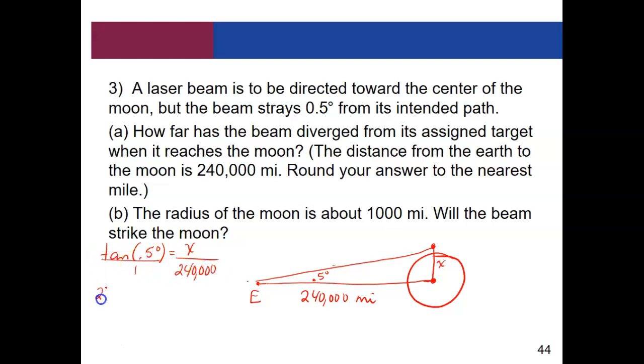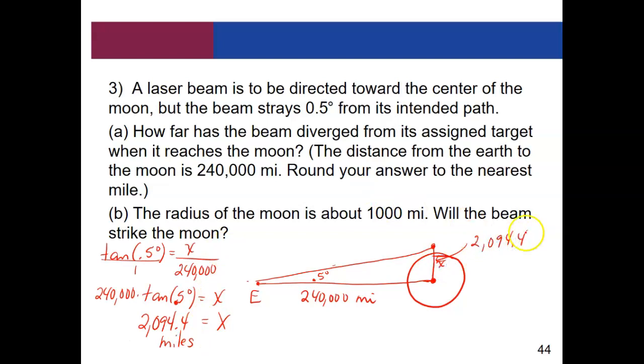So cross multiply. Okay, and I get x is 2,094.4 miles.